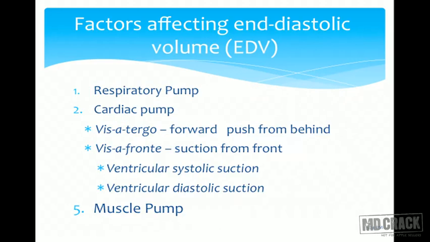So first we will see what are the factors which are going to affect the end diastolic volume, and ultimately they are going to change the initial length. These are the ones which are mainly going to affect the venous return. Respiratory pump. Now, how can respiration change the venous return?